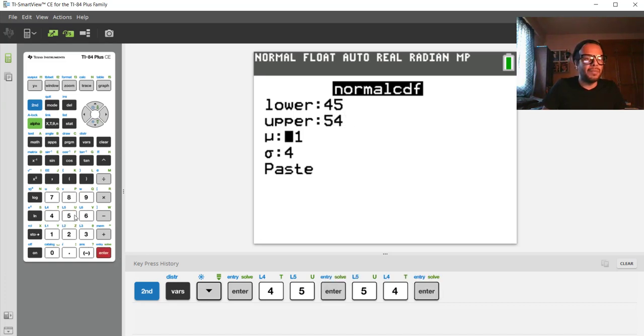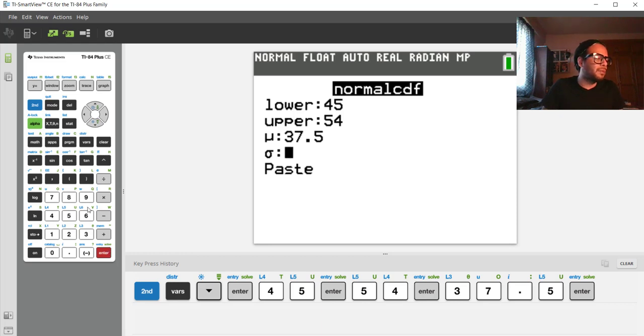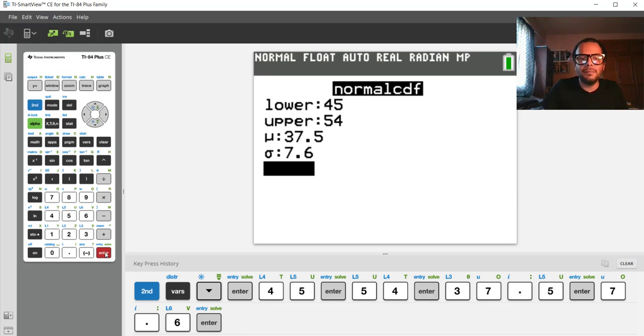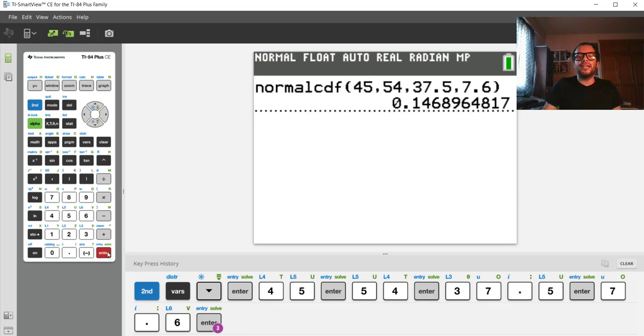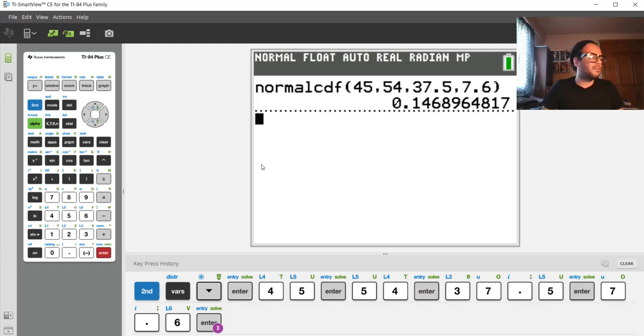Now we're going to change the mean, which is 37.5, and sigma, which is 7.6. Okay, and paste and click enter again, and then you can see all the buttons that have been pressed for this calculation to be undertaken.